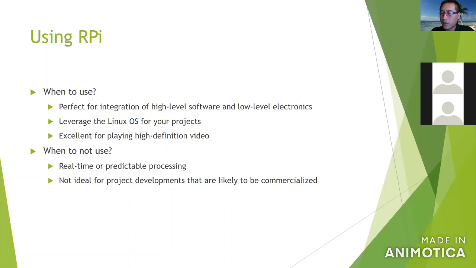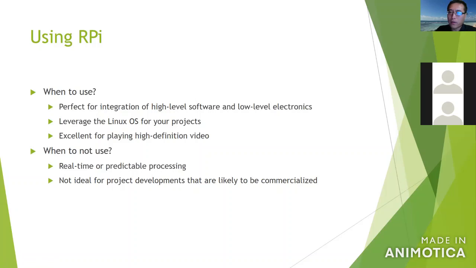The problem is it's too far from the real hardware, the circuits. It's not easy to control hardware. However, Raspberry Pi provides this platform. Raspberry Pi can handle all those low-level electronics problems, together with your high-level software.